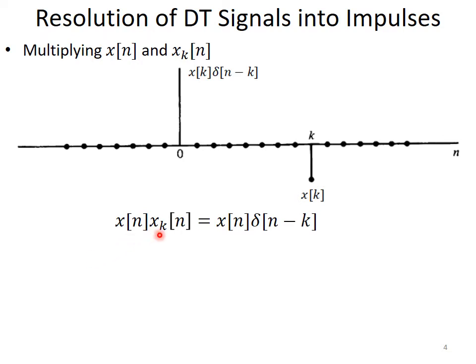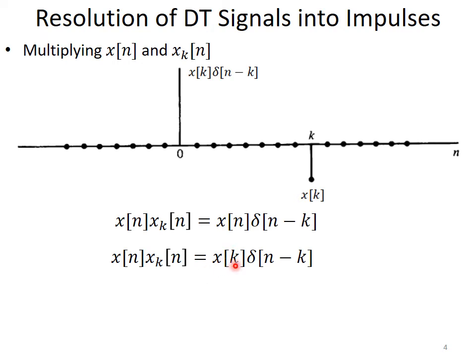So x of n times x_k of n would be equal to x of n times delta of n minus k, or we can write this as x of k times delta of n minus k, where x of k is the scaling function, the amplitude. So x of k is basically a constant.